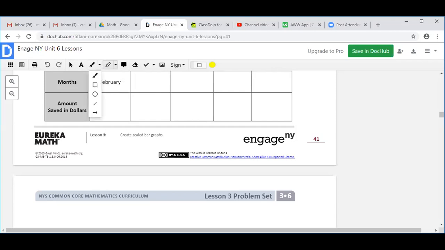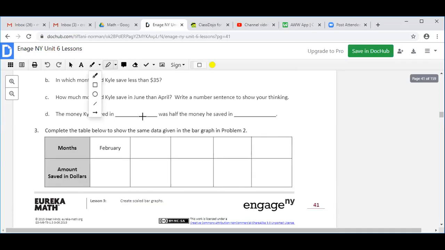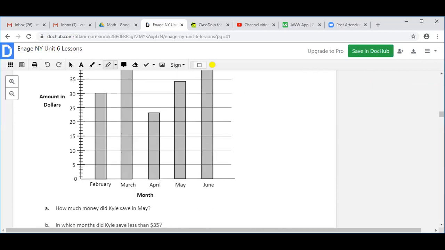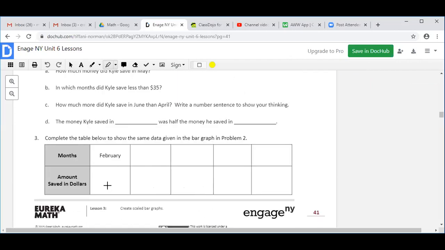All right, so right here is just a table. We have already done this part A through D. So for right here, we have the months. The months will go right here: February, March, April, May, and June. In February, he earned $30, so $30 would be put right there.